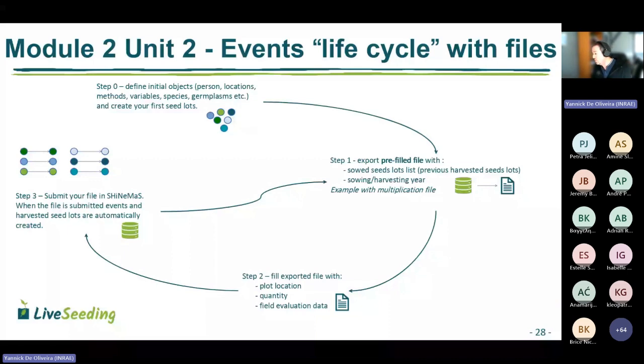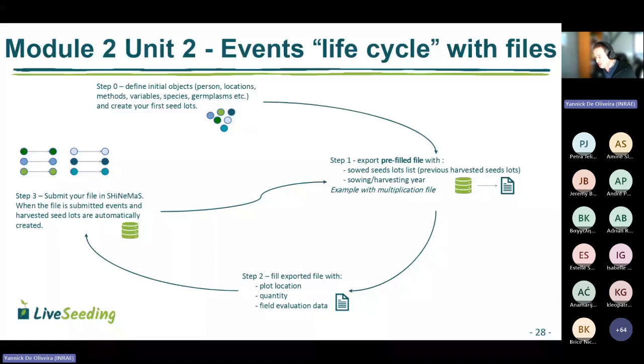For example, your plot locations, the quantity that you use for sowing, and the field evaluation data. All this information that we can't really prepare in the file of SHineMas. But as soon as your file is ready, so you have filled the whole file, you can submit it in SHineMas.